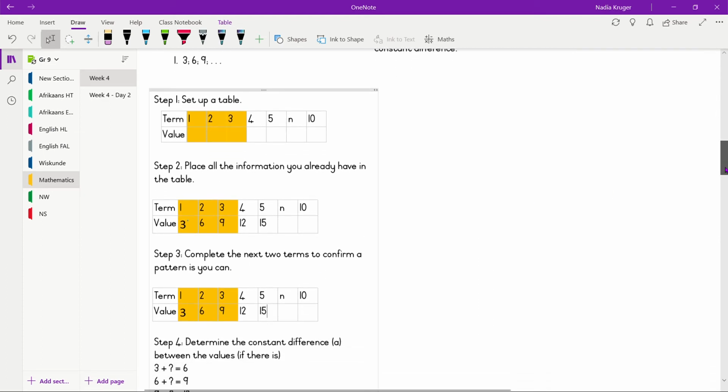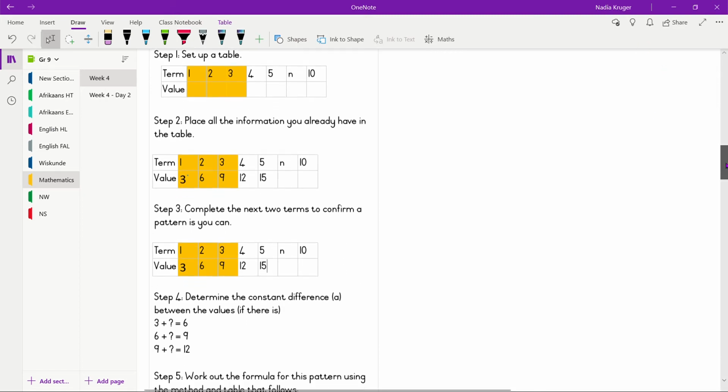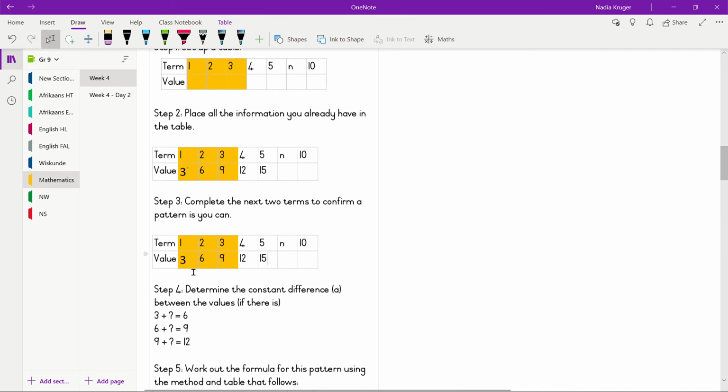Then we move on to determine the constant difference, which is A, between the values, if there is a constant difference. So we are going to look at our pattern, which starts at our first value, which is 3. What did we add to 3 to get to 6? We added 3. What did we add to 6 to get to 9? We added another 3. 9 to 12, we add another 3.